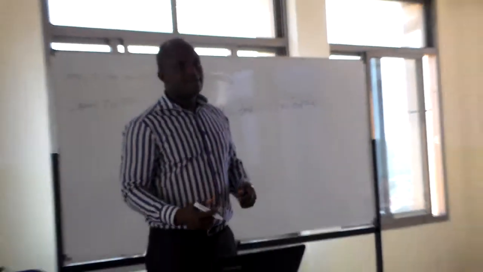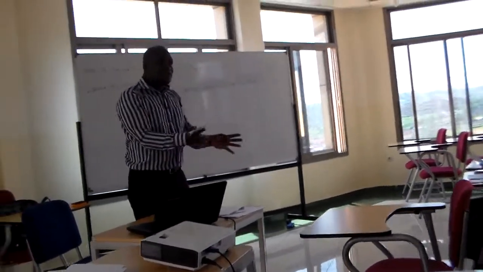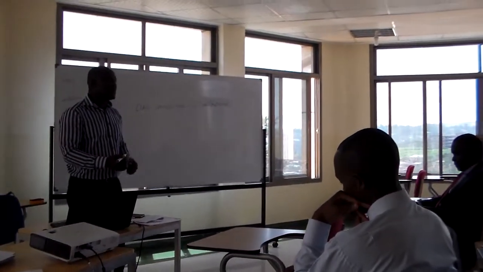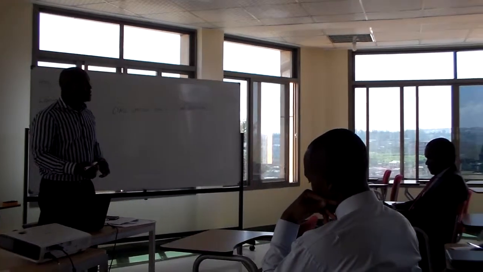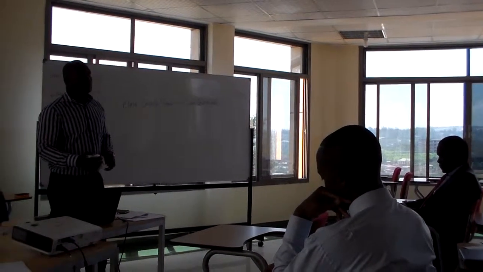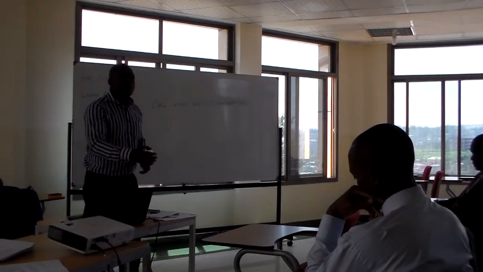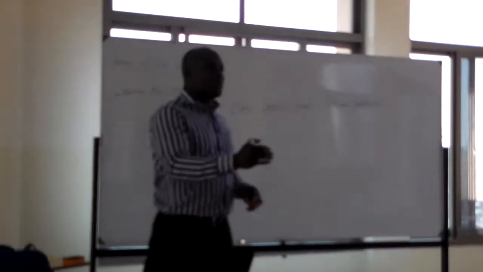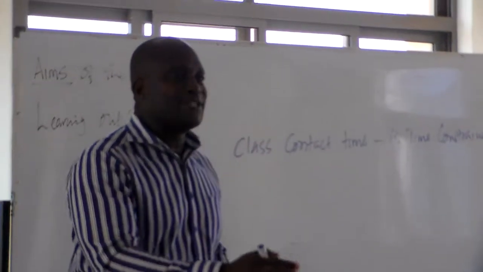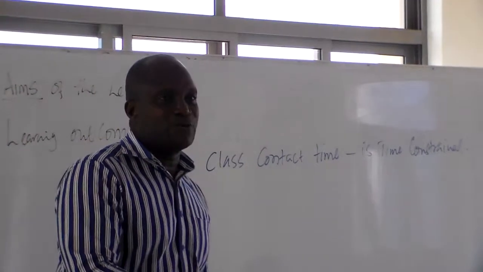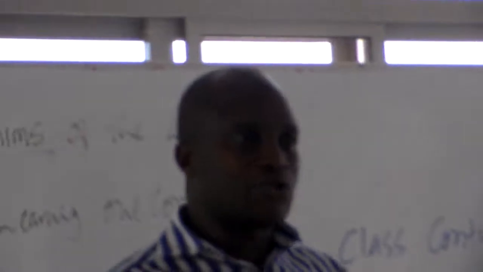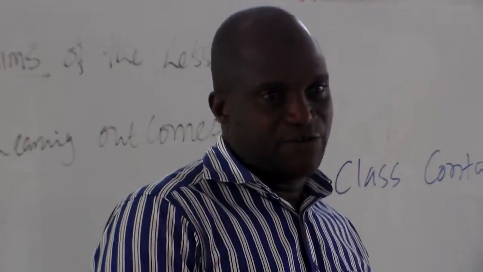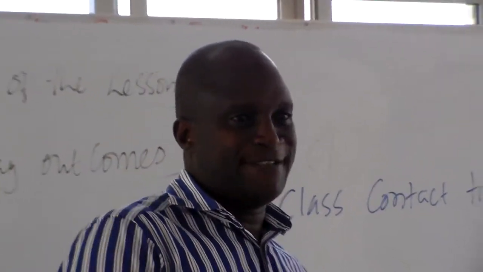Now, when you go in class, nothing is perfect, because when we plan lessons, it is like we are assuming everything is going to go as planned. But in reality, when we go to class, things don't always move. There's a difference between planned and actual. You plan a lesson, you reach there, the lesson which you expected was going to be very easy for the class turns out to be the opposite.